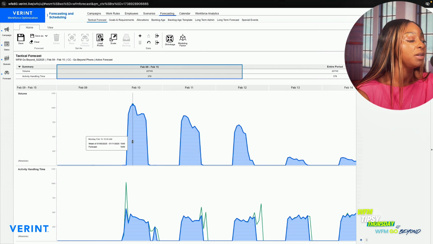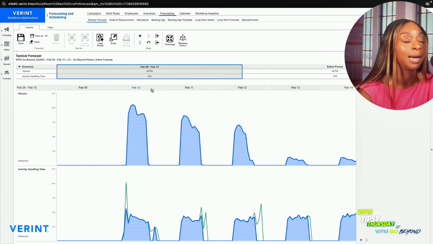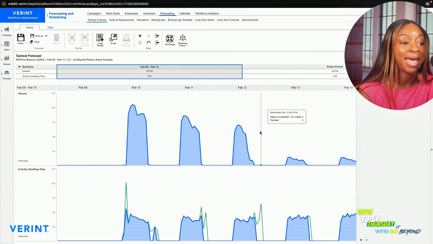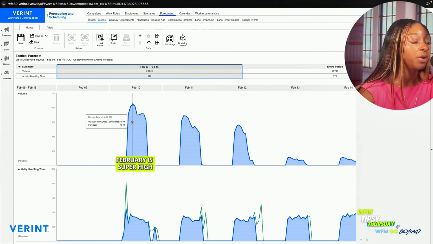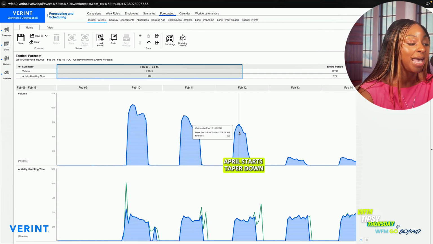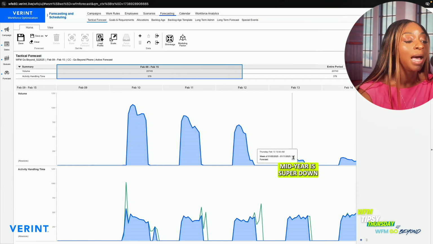Okay, so if I'm looking at this and say this was for the year, right? I'm looking at this for a week, but say this was January, February, March, April, May, right? I would be able to say, oh, February is super high. Then March starts to taper down. April starts to taper down. By mid-year, by Q2, I'm really down.